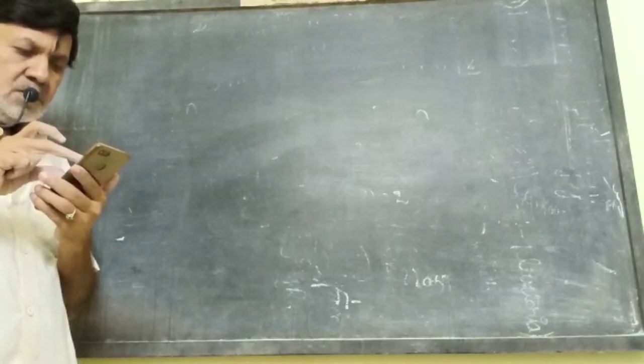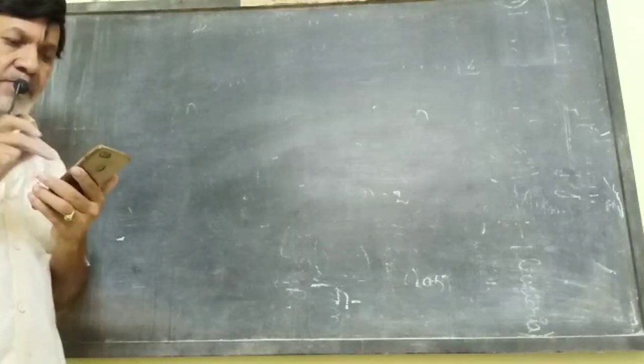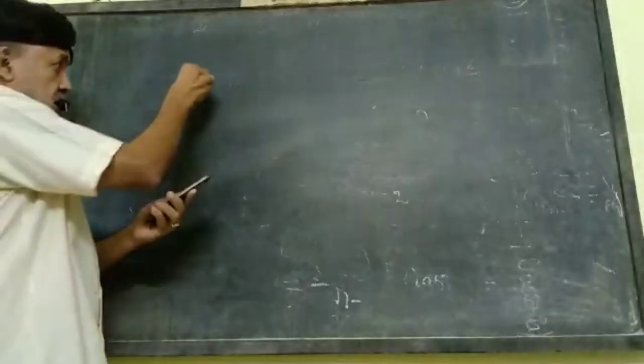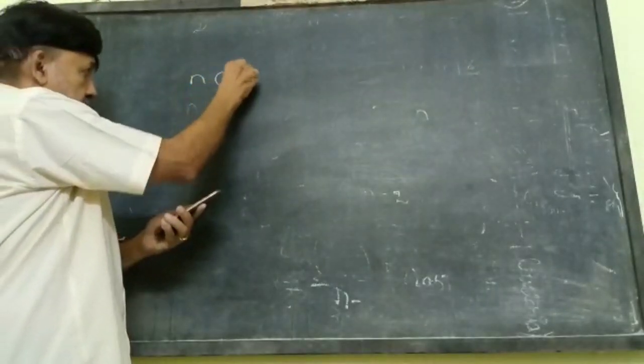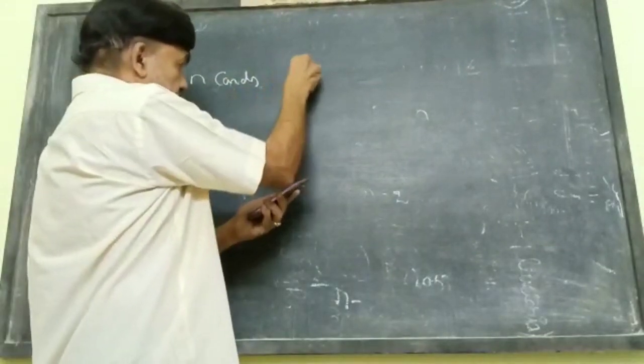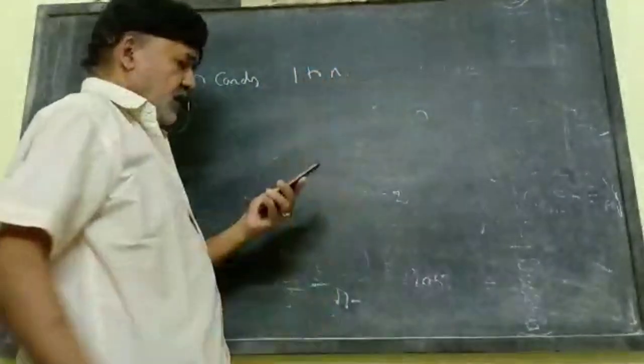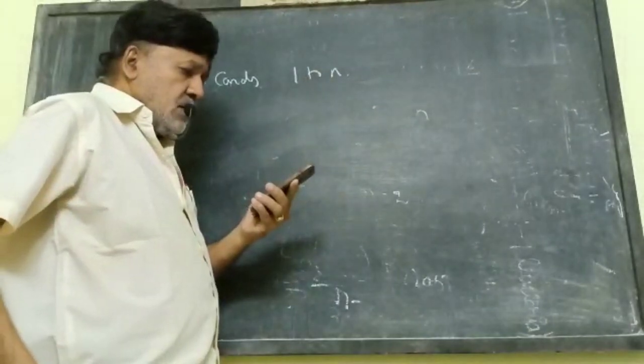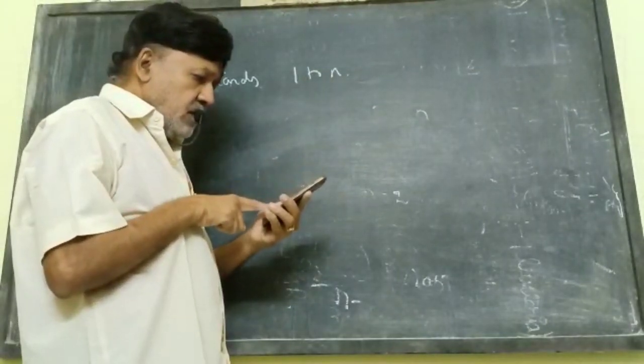The next question is: a pack contains n cards numbered from 1 to n.